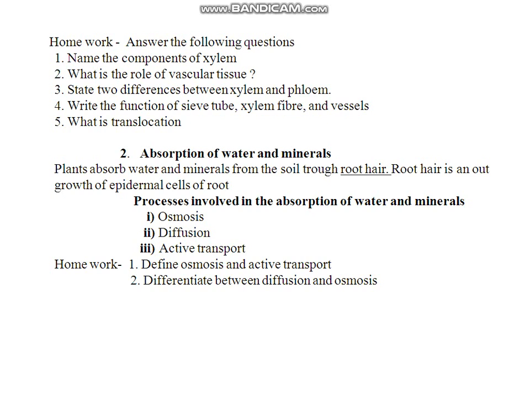Now, what is a semi-permeable membrane? These are the membranes through which only selective substances can pass, and they do not allow all kinds of substances to pass through them.